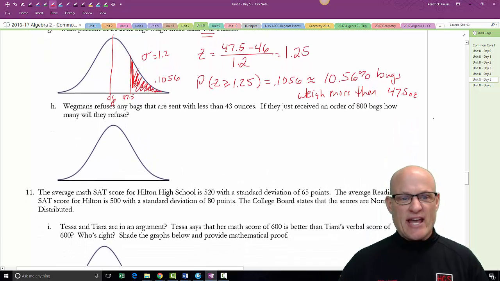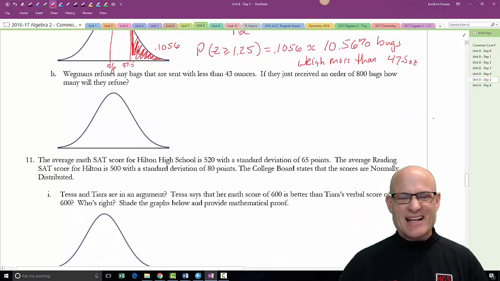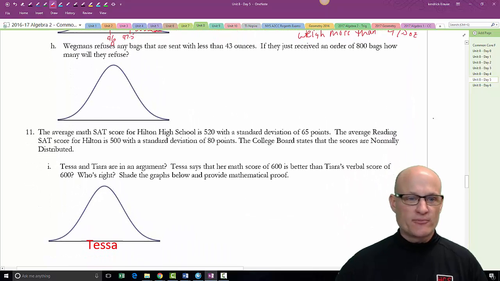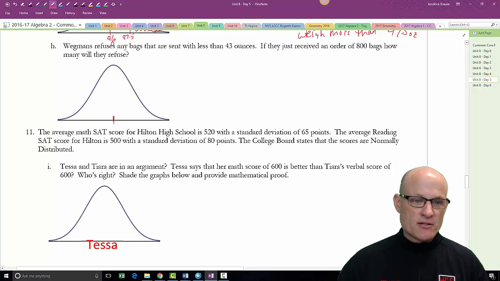Wegmans refuses any bags that are sent with less than 43 ounces. So again, our mean is 46. Wegmans is going to send back anything less than 43. So anything down here, we refuse.